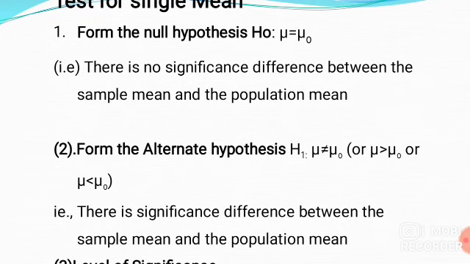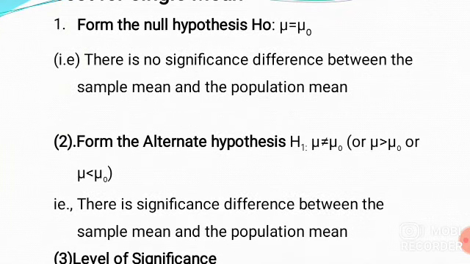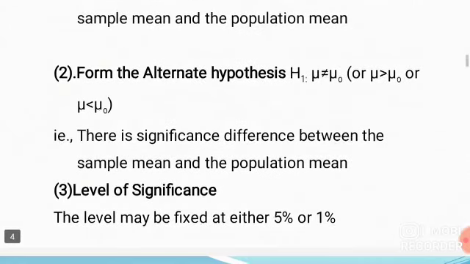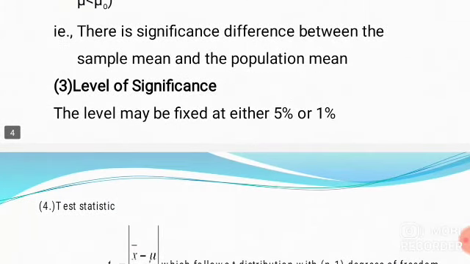Second, the alternative hypothesis H1: mu does not equal mu 0, or mu greater than mu 0, or mu less than mu 0. Third, level of significance. The level may be fixed at either 5% or 1%. Dear students, in agriculture data, we use 5%.